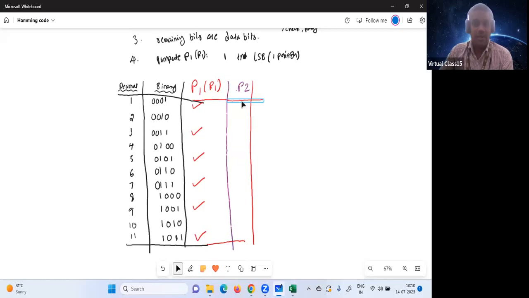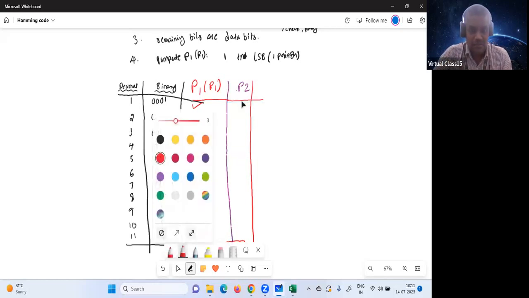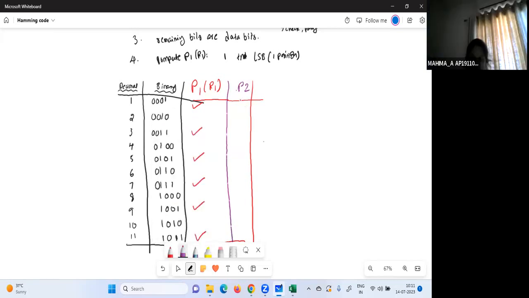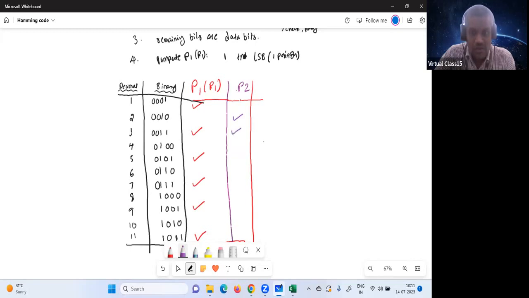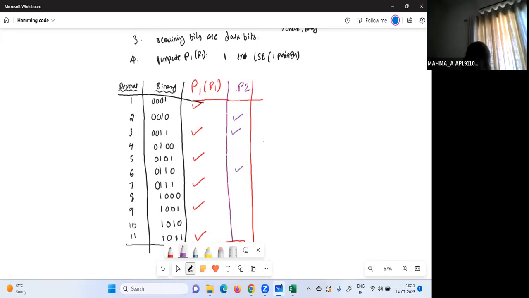Can you tell me now what are all the bit positions I have to consider? 2, and the third one also, so the second bit is 1 here. Then 6, 7, then 10, 11.